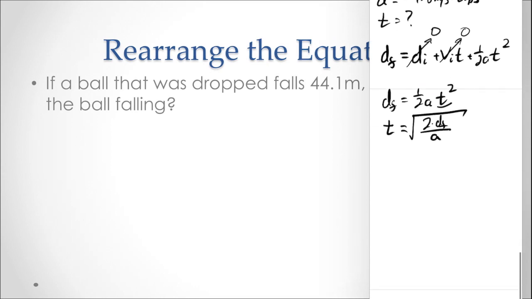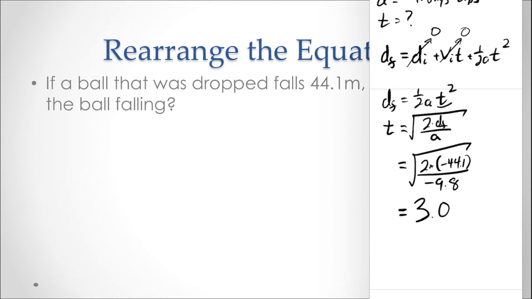Plugging in our numbers, we find this is equal to the square root of 2 times negative 44.1 over negative 9.8. Putting these numbers into the calculator, we find that our time is equal to exactly 3. In the question, we have three significant figures, so we must put 3.00 seconds. Our answer is 3.00 seconds.